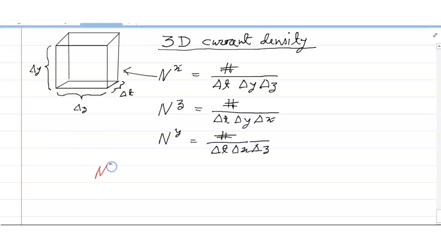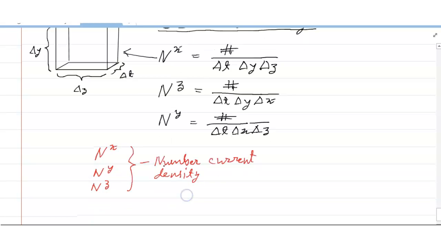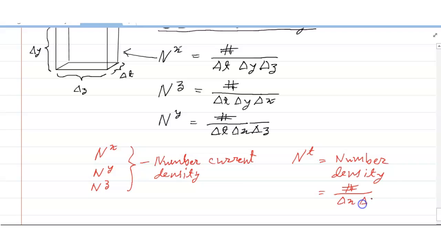nx, ny, and nz are the number current density, and nt is equal to the number density. It can be written as the number of particles divided by del x, del y.